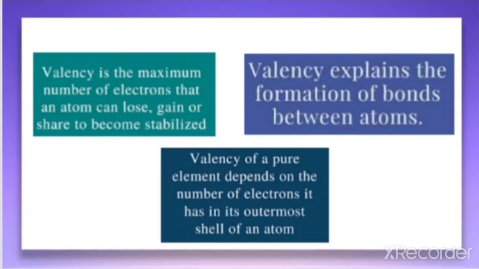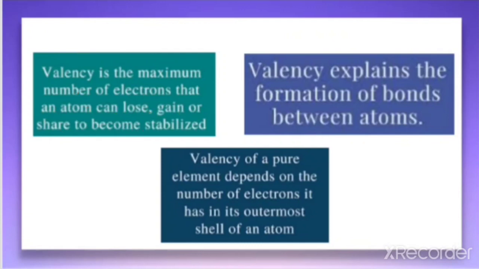In more detail, valency is the maximum number of electrons that an atom can lose or gain or share to become stabilized, as we have discussed in examples.